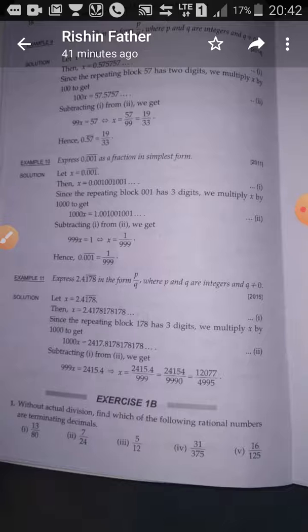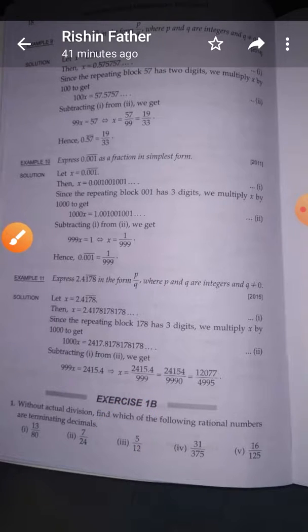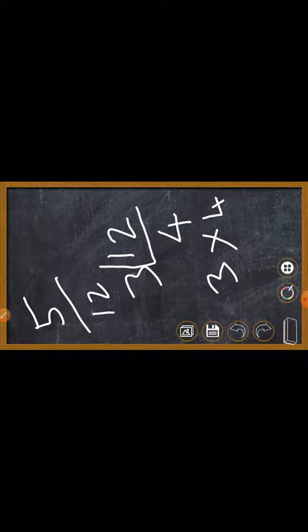So the third sum we will do. The fraction is 5 by 12. We are supposed to find out whether it is terminating or non-terminating. So we will prime factorize 12. 3 4s are 12, so it is 3 into 4.